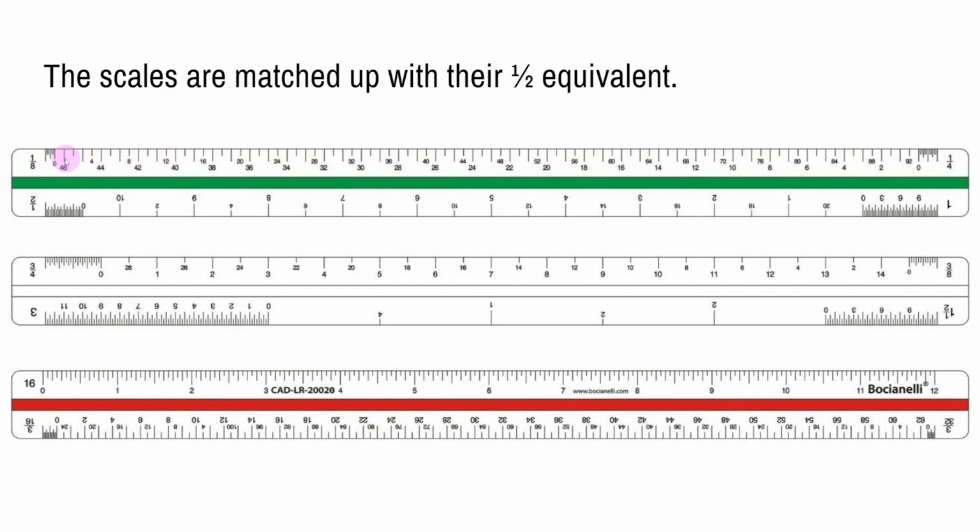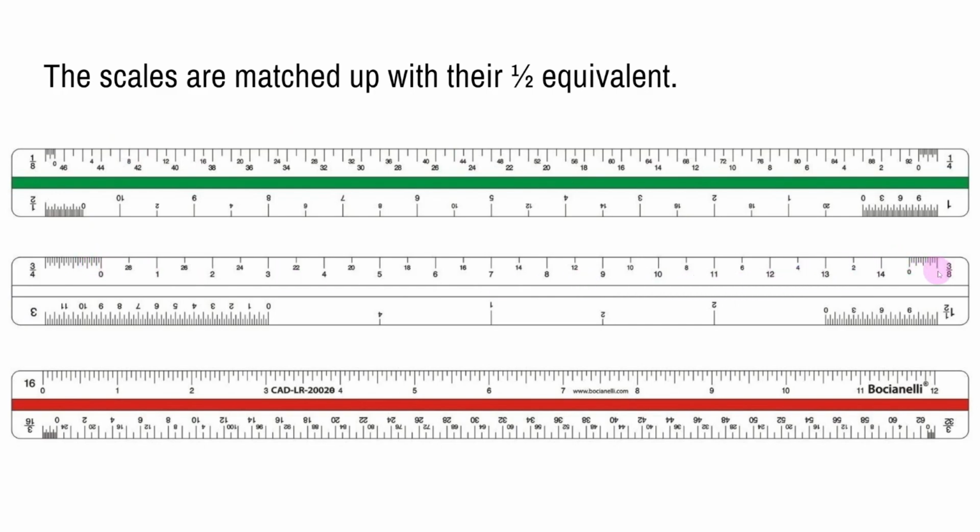We can borrow this tick mark from the quarter inch scale to represent 1 foot on this 1/8 of an inch. So from here to here on paper is 1/8 of an inch, but in scale it's 1 foot. And then this would be 2 foot, 3, 4, 5, 6, 7, 8, on and on.